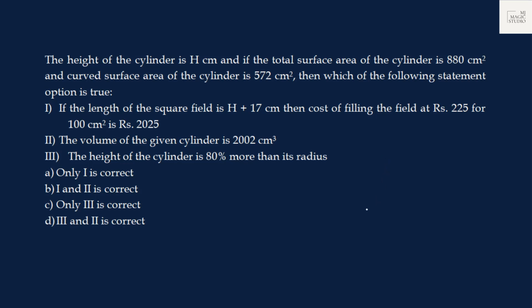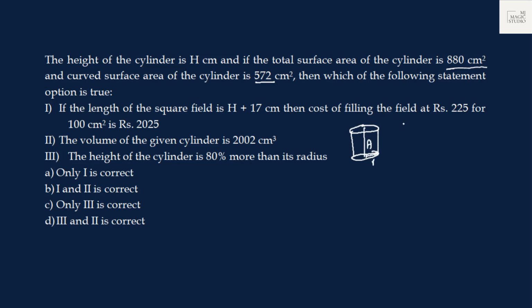One more of the given statement and true and false type. The height of a cylinder is h centimeter and its total surface area is 880 centimeter square. Curved surface area is 572. For a right circular cylinder we take radius r and height h.